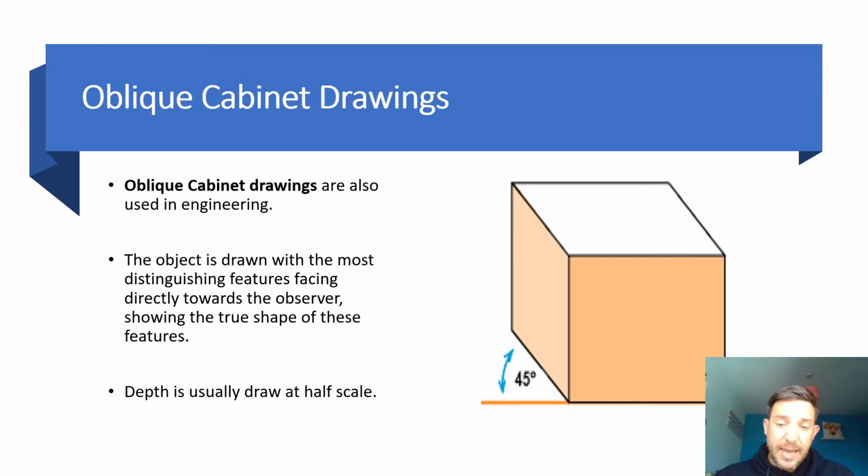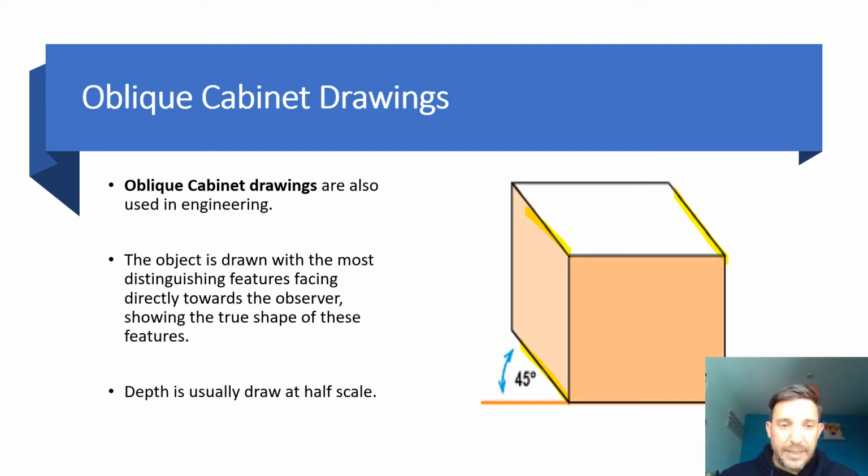Now this is a step up from, or some people can consider it a step up from isometric, because with oblique, you draw your first part of your drawing, you take the most complex face and you draw that flat on the screen to make it easy for yourself. Then once you've got that, you then project backwards wherever you need to at 45 degrees.